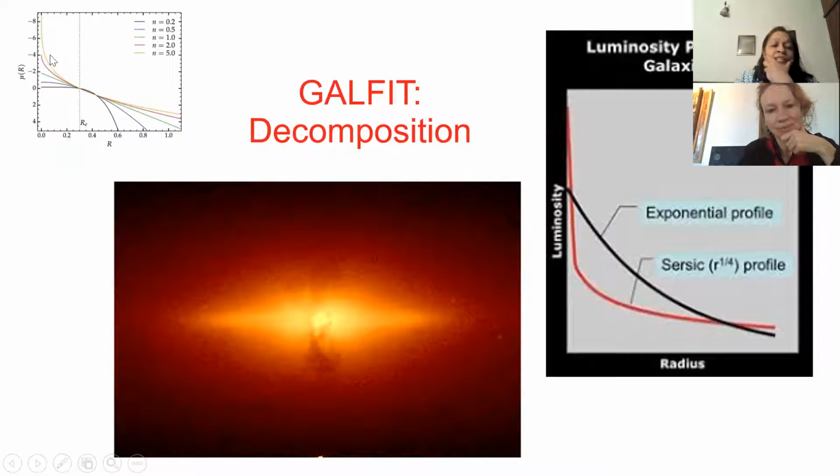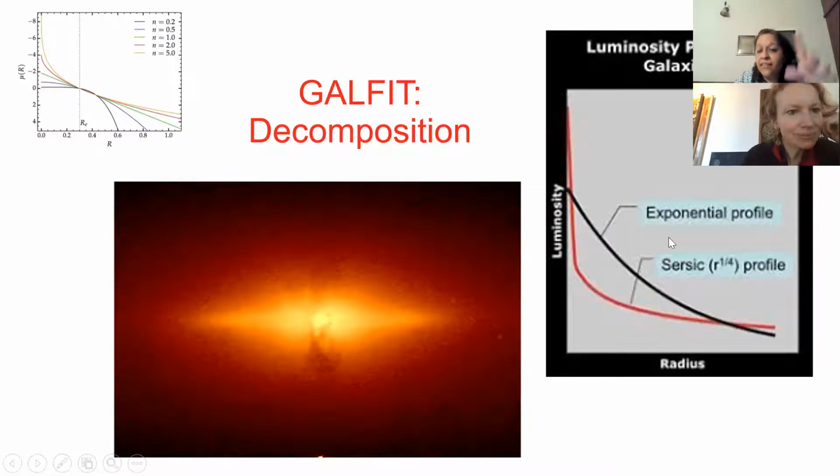So here you see these are the profiles of the different Sersic indexes, right? So when we fit it, you may get different Sersic indexes. For example, the highest Sersic index is 5, which is this one, and the lowest Sersic index is over here, which is for 0.2. The one in green is this one. So when you fit it, you may get different Sersic profiles. And here, this was not there in the previous one, but you can see that, for example, if you have an exponential profile, the profile looks something like this.